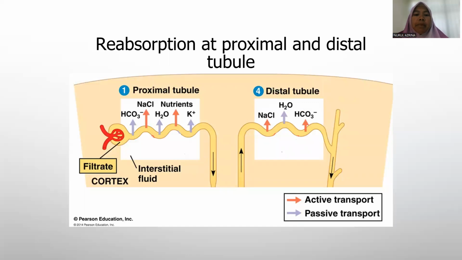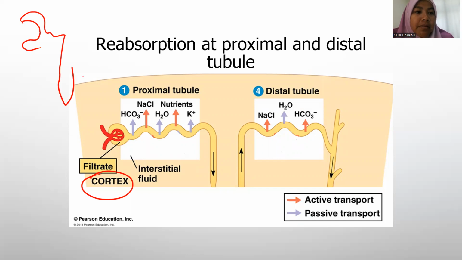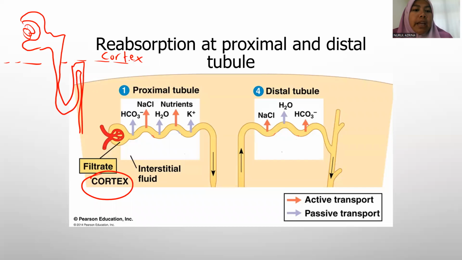If we combine the picture, you can see this is the cortex area. Remember our kidney. Let's say this is our nephron, with the glomerulus. Some part of the nephron is confined to the cortex area, and some part lies within the renal medulla.